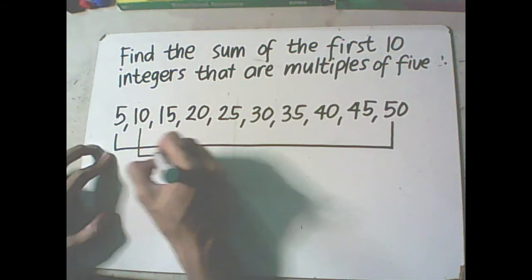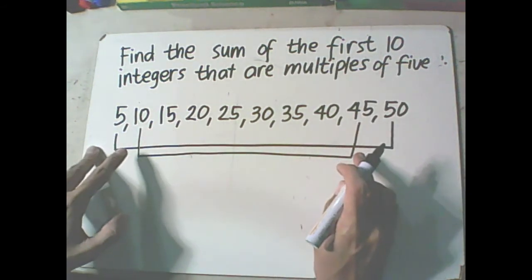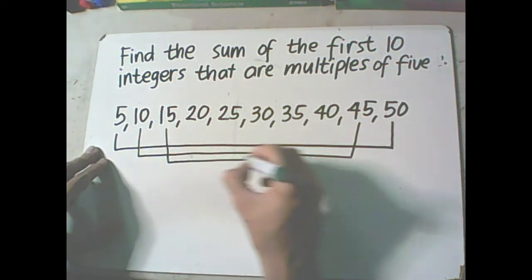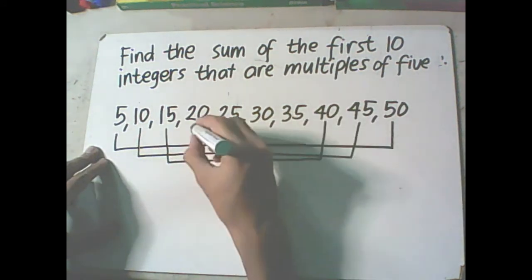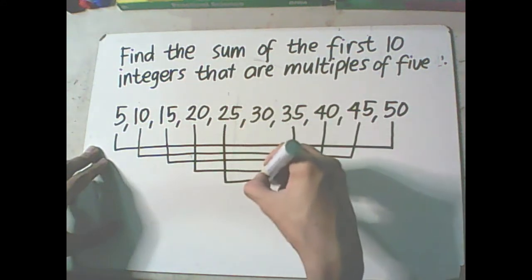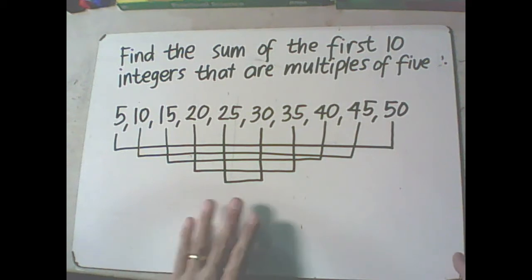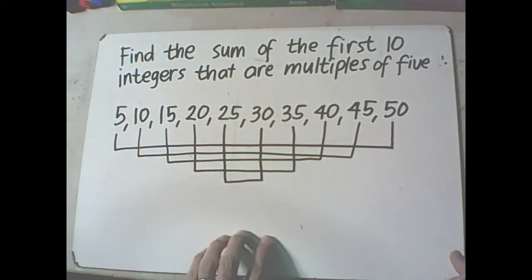Same with this one: 45 and 10 gives us 55. 15 and 40. 20 and 35. 25 and 30. As you can see, all the pairings have the sum of 55.